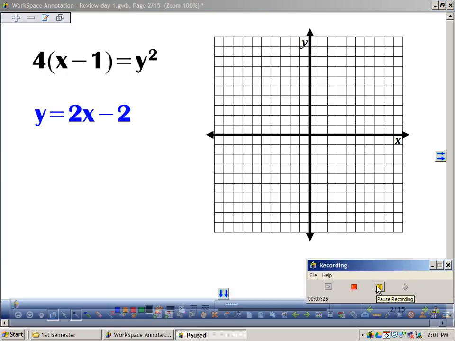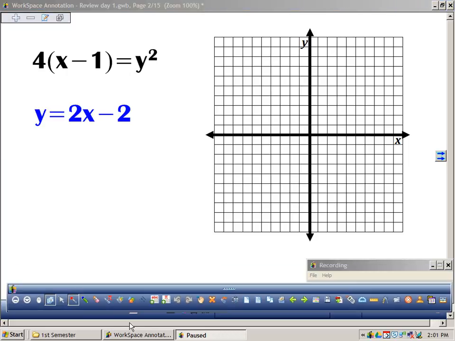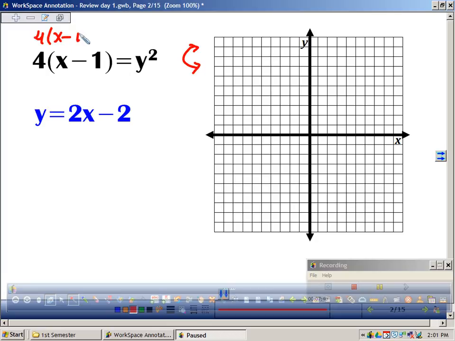Okay, so this one a little bit faster. First I'm going to graph my parabola. I know that it's orientated on y, and this is both positive, so I know it's going to look like this. And my vertex is going to be at... sorry, not 0.